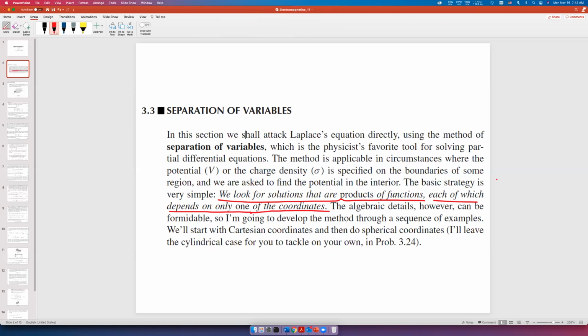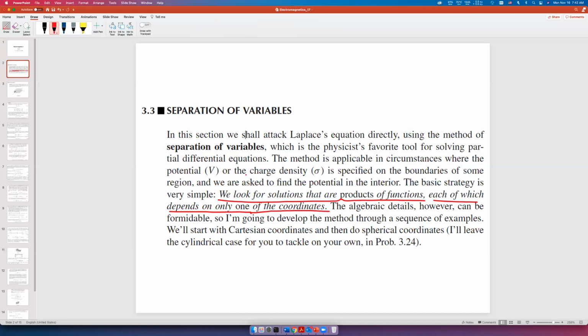The algebraic details can be formidable, so we're going to develop the method through a sequence of examples. As I said, we have 5 examples in this section. They are described in detail, so just go through the textbook and try to understand them.